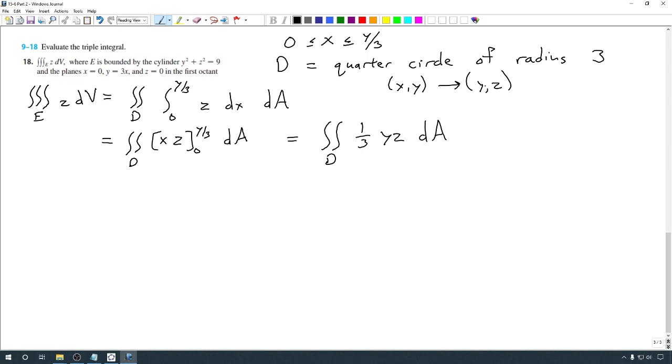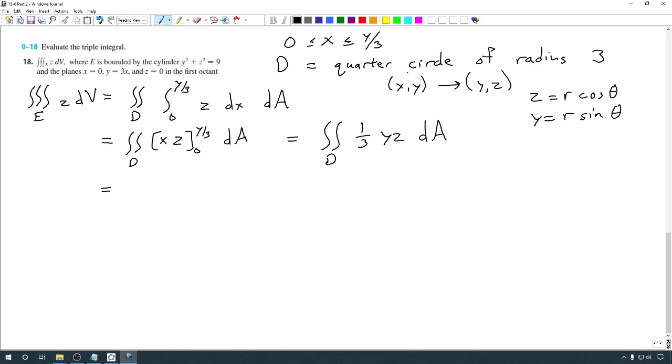Essentially, I'm going to let this y still play the same role as y did over here, but z is going to play the role of x. That's going to mean that y is going to be r sine, like it was before, but then z, because it's going to play the role of x, is going to be r cosine. We're going to need that for when we plug in x and y, y and z into our integrand.